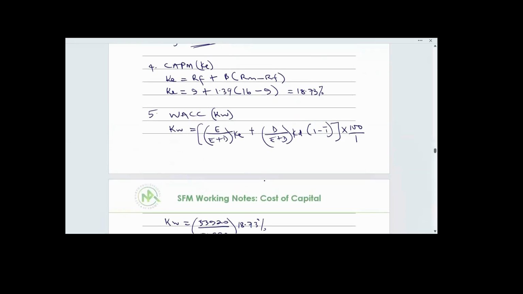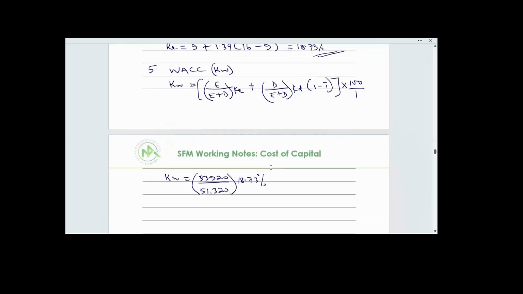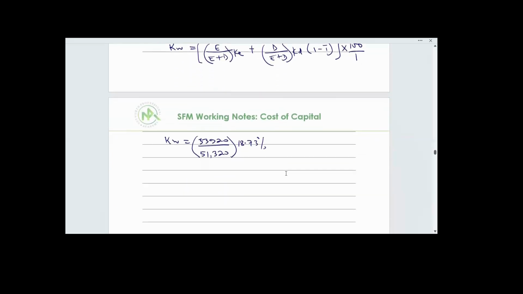Let me confirm that. Yes, 18.73%. Plus the debt value, which is 17,400, divided by 51,320, multiplied by cost of debt.